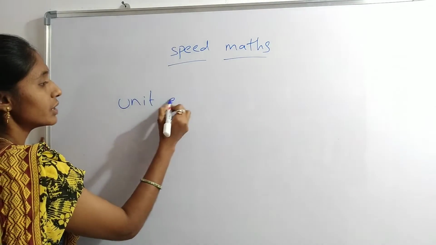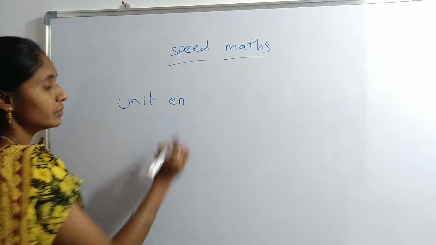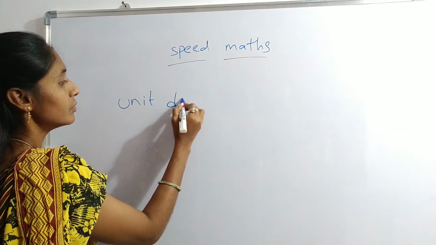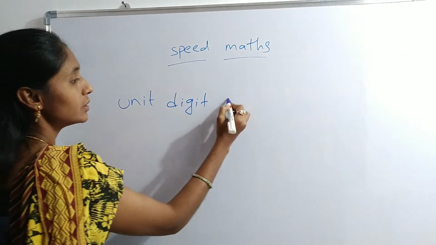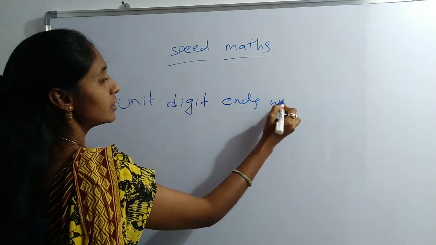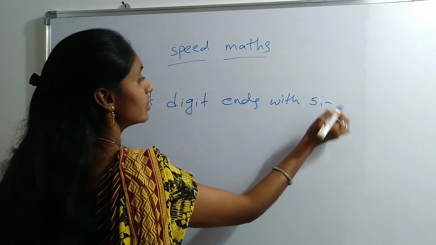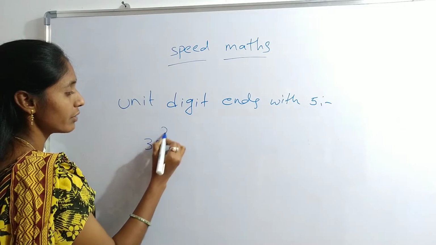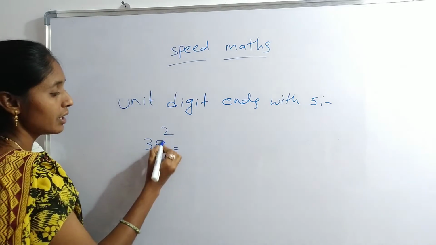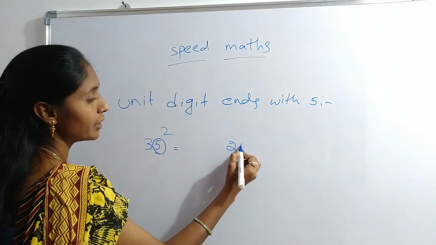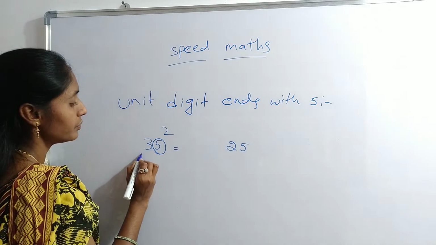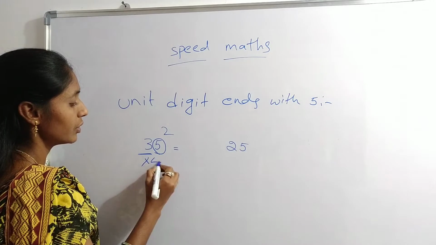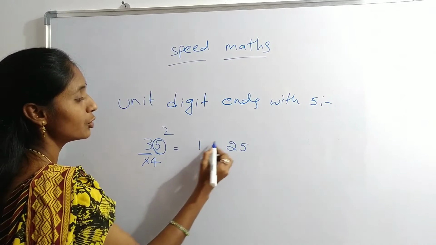Next one: numbers whose unit digit ends with 5. First example is 35 square. Take the 5 square value 25, and 3 times the next consecutive number 4. 3 fours are 12.